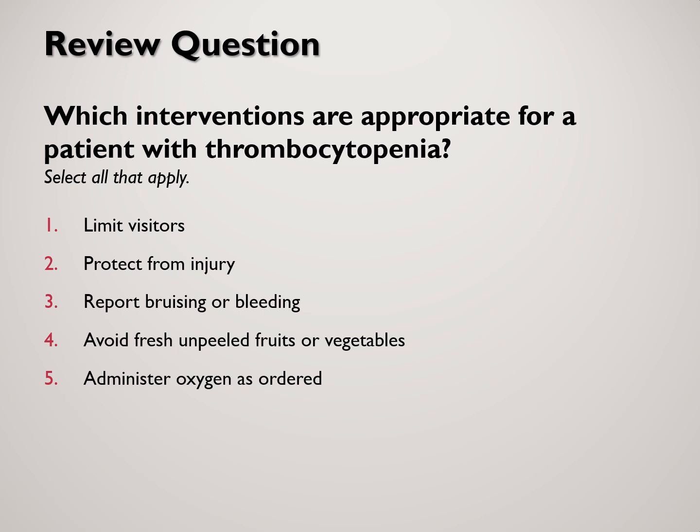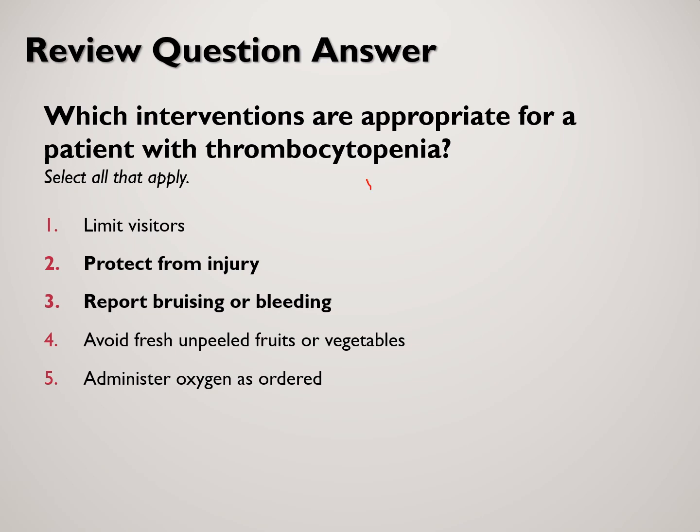Which interventions are appropriate for a patient with thrombocytopenia? Which lab is that talking about? Take a moment to look at this question. You can pause the slideshow if you need to, and the answer will be on the next slide. Thrombocytopenia is talking about low platelets.